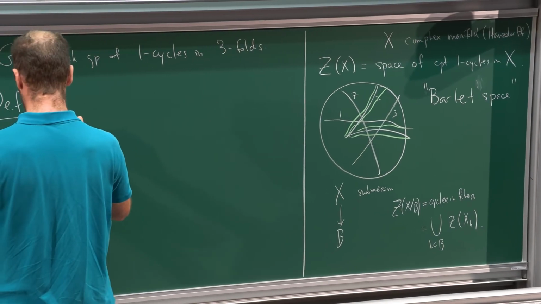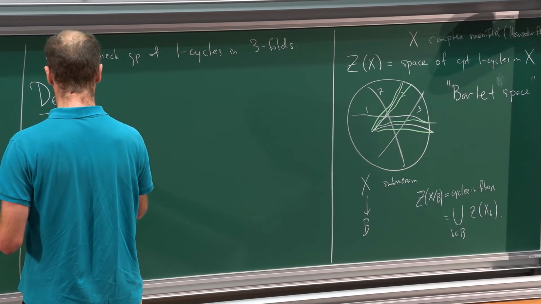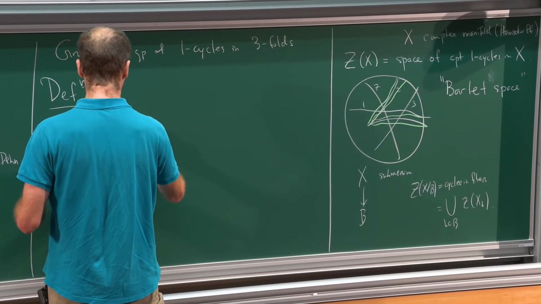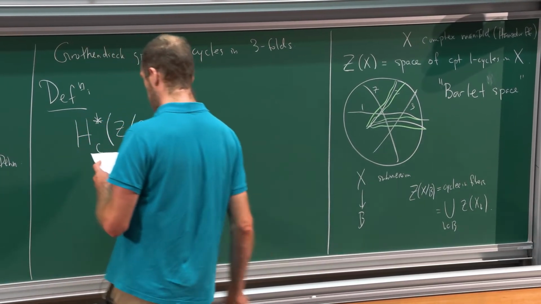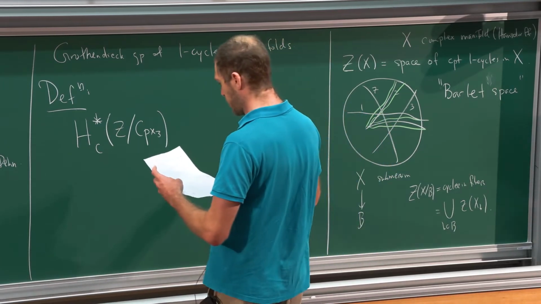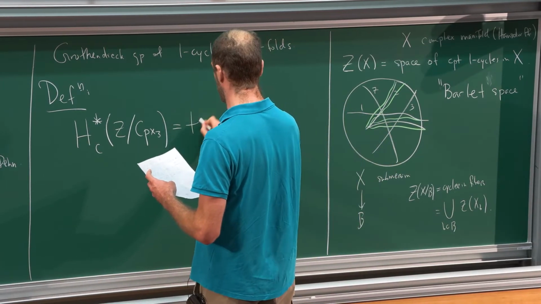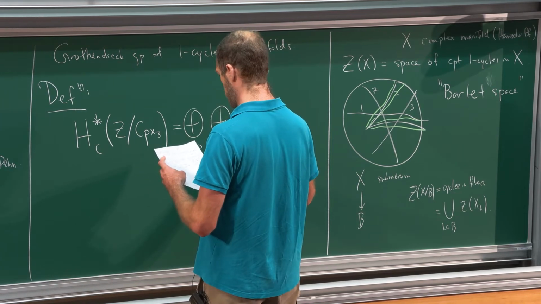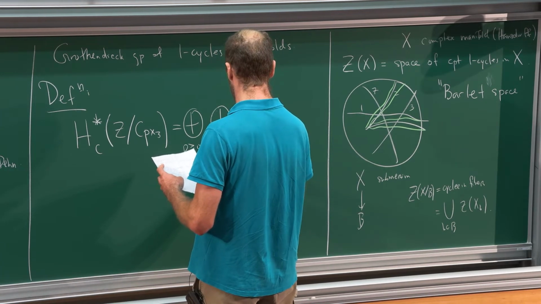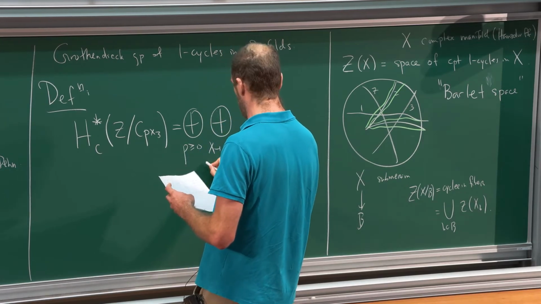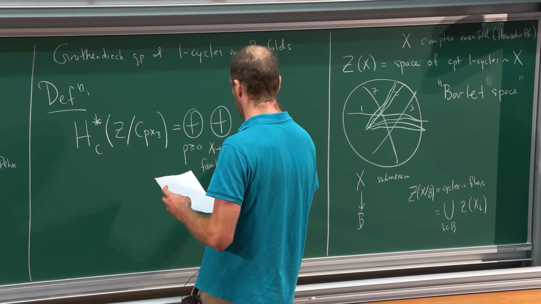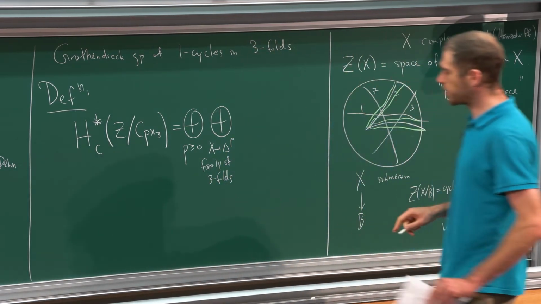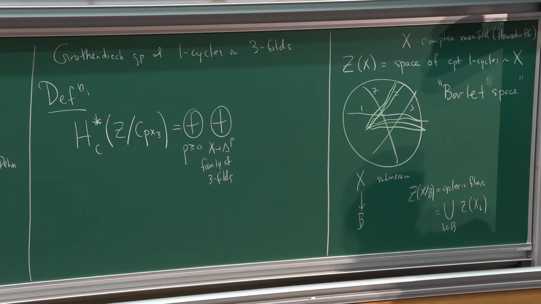So I'll call this group compactly supported cohomology of Z over complex threefolds. So we look at all families of threefolds over the simplex Δp.